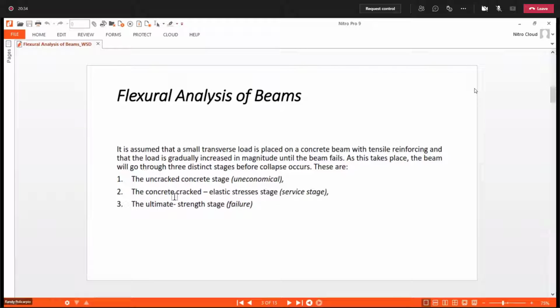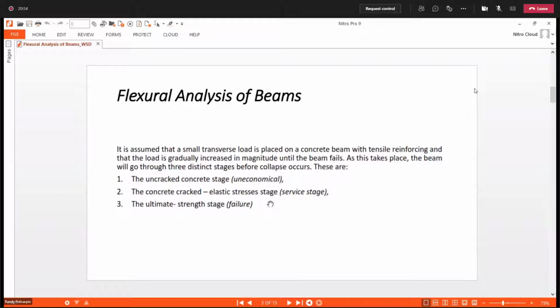Number two, as the load increases, the concrete will crack. That is why we have what we call the cracked concrete stage, based on elastic stresses.